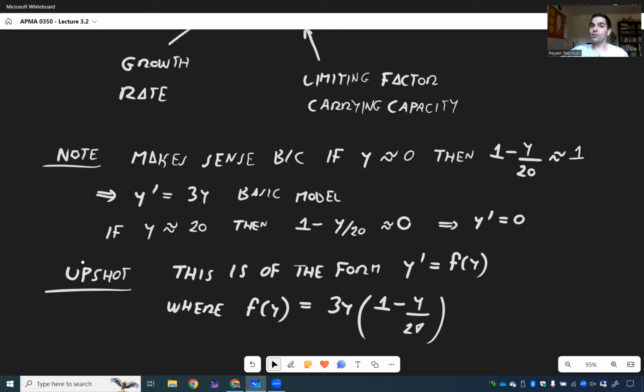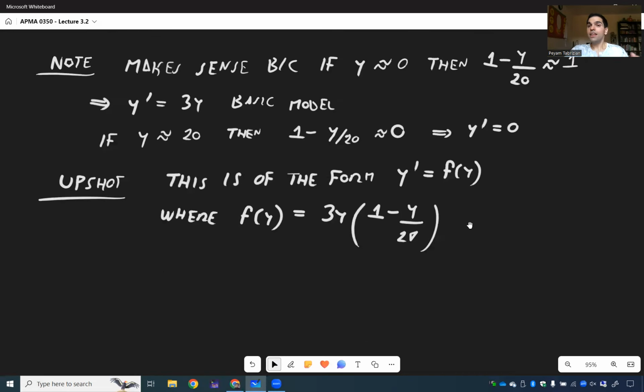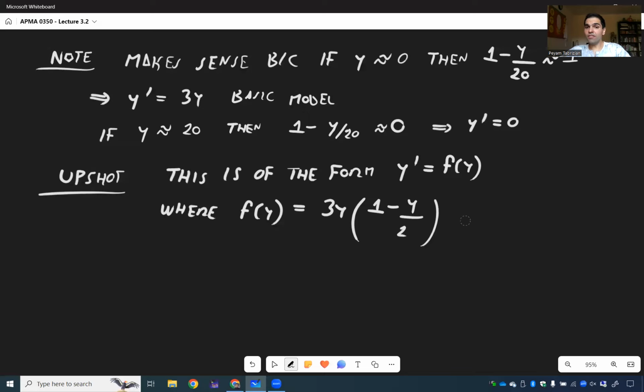So now, based on the previous video, we want to find where f is 0, where f is positive, and where f is negative, because that gives us info about y. I do want to mention we can solve this explicitly, which we'll do in a couple of videos, but here we just want to do what's called a qualitative study.